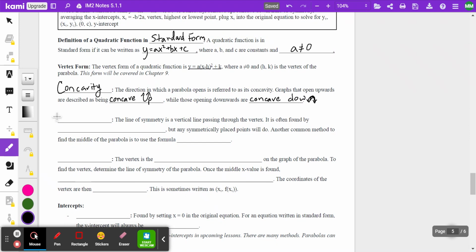Now the line of symmetry. This is a vertical line passing through the vertex. It is often found by averaging the x-intercepts, but any symmetric points will do.